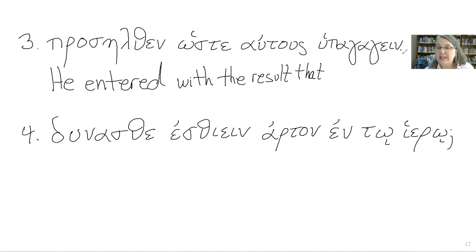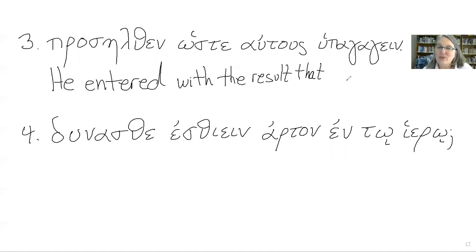We have hypogagein, so this is the infinitive of hypago, and autus is the accusative plural. So autus is the subject here of hypagagein, and this is an aorist infinitive, by the way, and it has reduplication. I can't explain it to you, it just does, it's an odd verb.